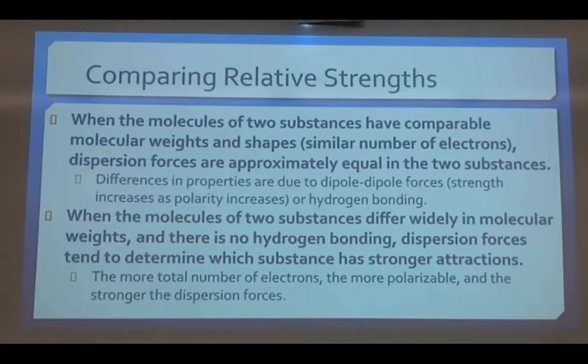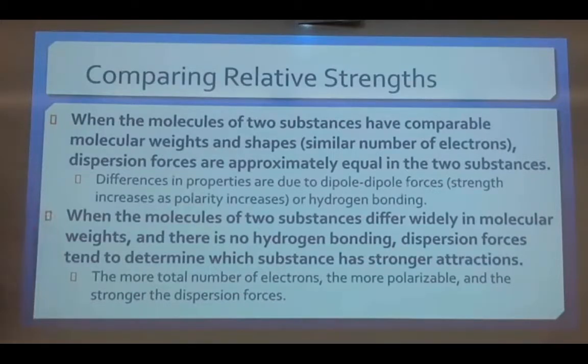But when we're looking at dispersion and dipole-dipole, if two molecules have very different molar masses, dispersion forces are usually going to determine which substance has the stronger attractions. So if you have one substance that's 30 grams per mole and the other one is 80 grams per mole, more than likely dispersion forces are going to determine which substance has the stronger attractions.